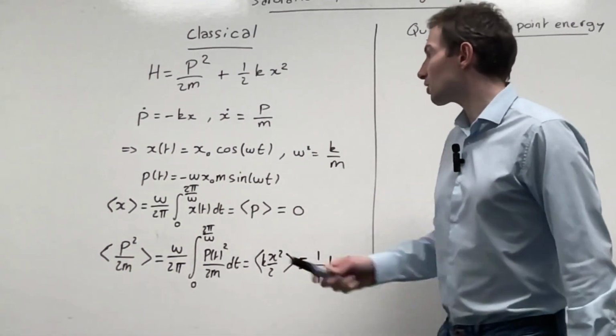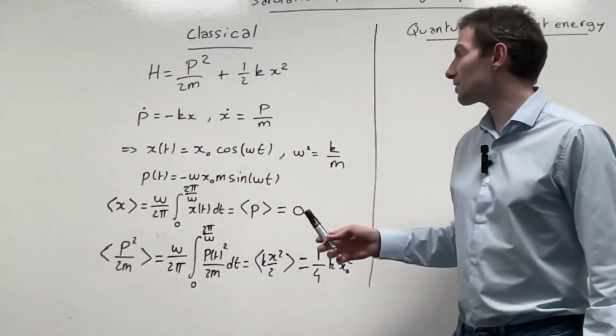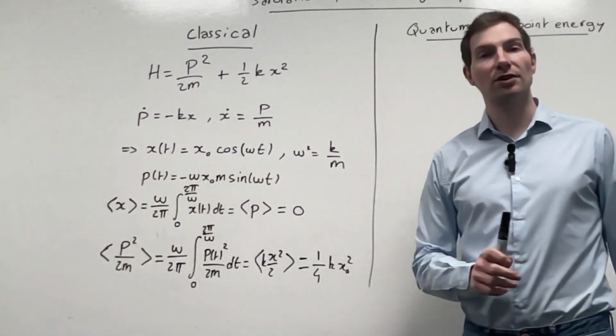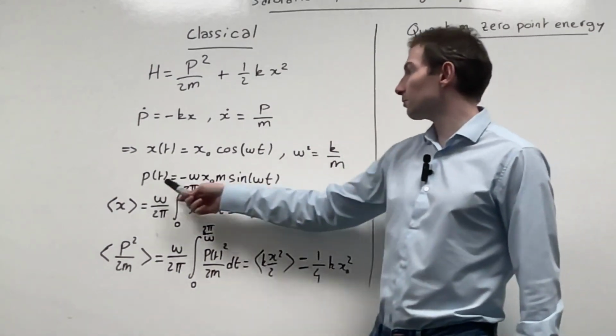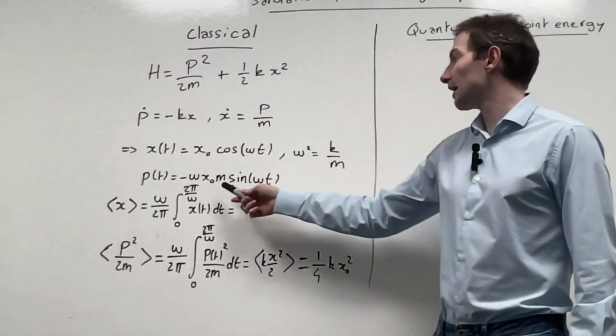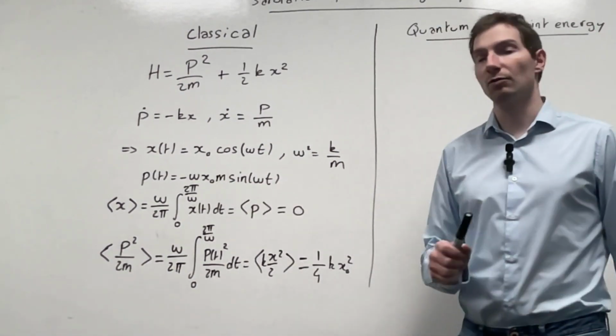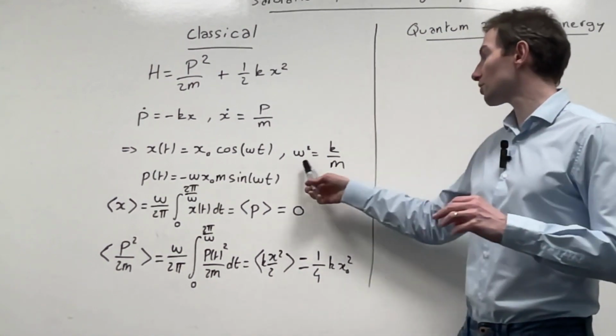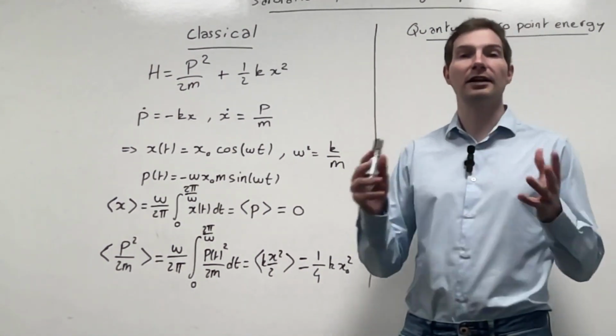So the solution I'm setting is x of t equals x naught times cosine omega t, and p of t equals minus omega x naught m sine omega t, where omega is the natural frequency of oscillation, such that omega squared is k over m.